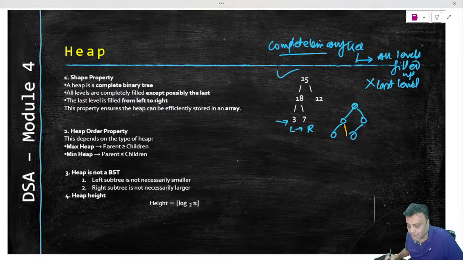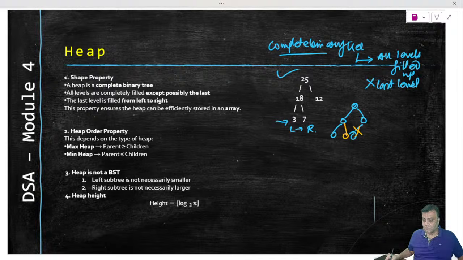I needed to have the node here, and this was not something that I will allow. This node should be here because I am doing left to right. I'll have to fill up every layer left to right, and every layer has to be filled up completely before moving to the next layer. The last layer can have empty elements. This is what is a complete binary tree.